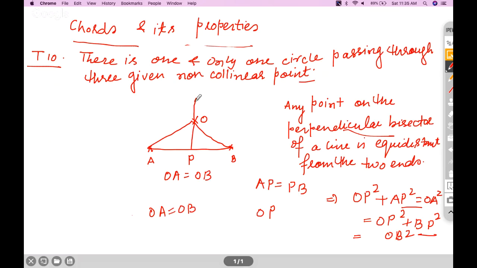Now this point O can be anywhere, this length would be same and this is already same, hence this hypotenuse will always be same. So you should also always know that any point on the perpendicular bisector of a line is equidistant from the two ends of that line.